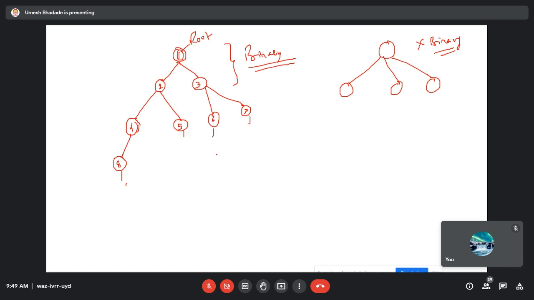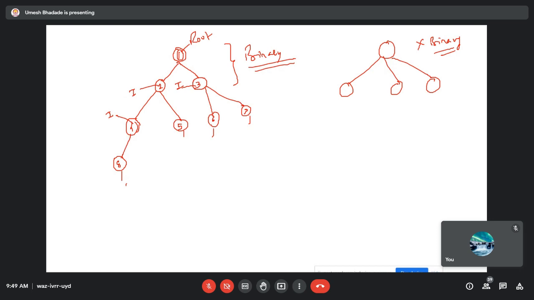These are the leaf nodes. And intermediate nodes? 4, 2 and 3. These are intermediate nodes because they have some branches.